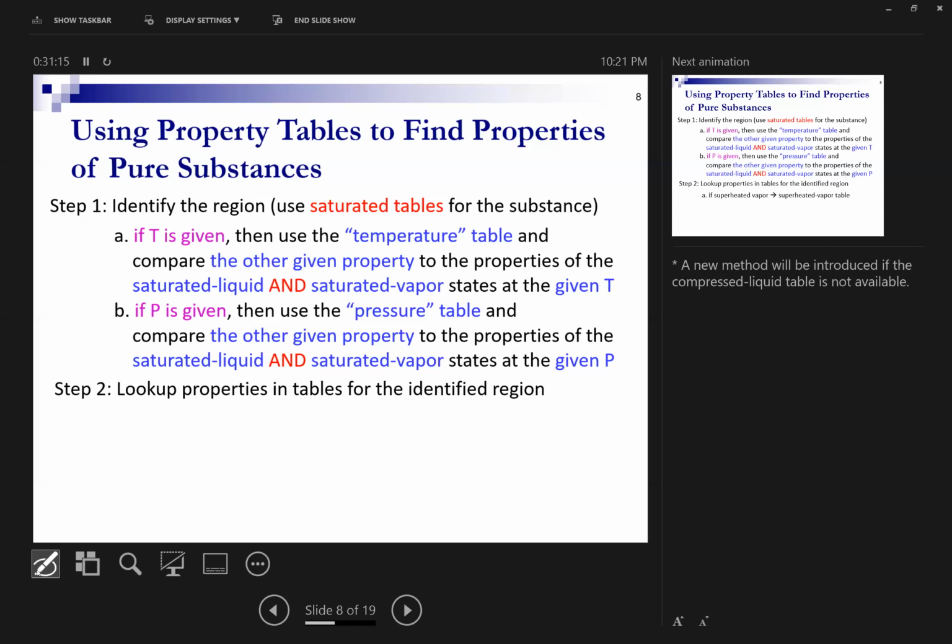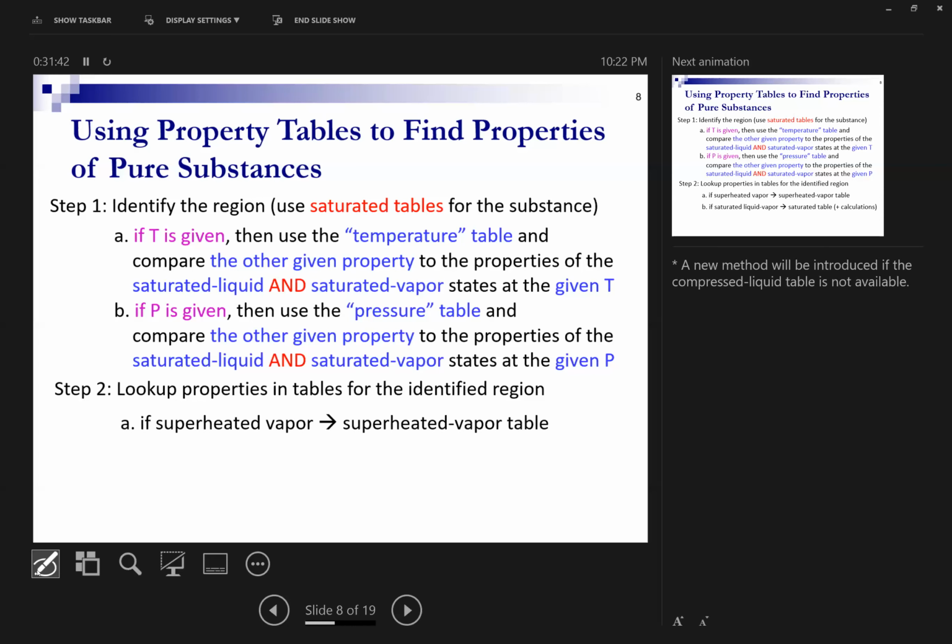That's the reason why its energy is so high. Now that I know I have steam, I go to the superheated steam tables and look up the rest of the properties of the material in those tables.